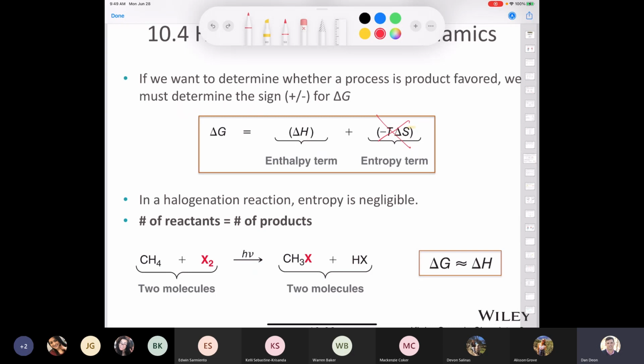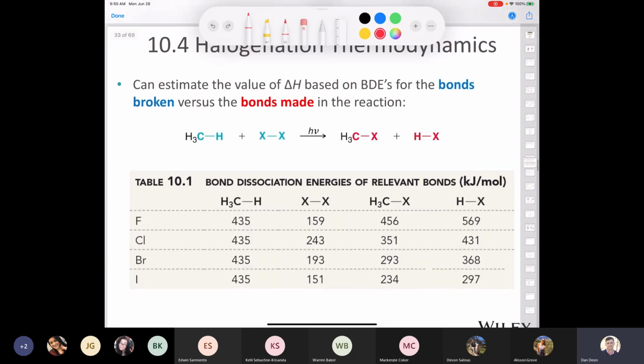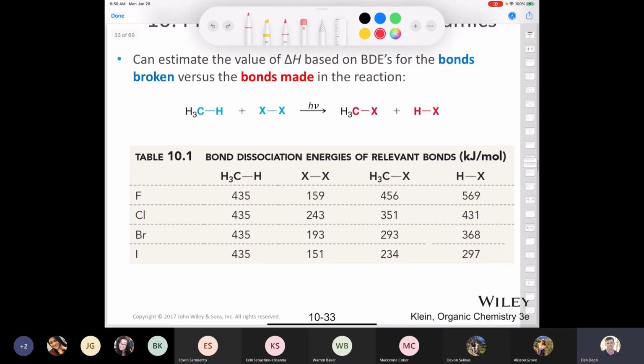And what's change in enthalpy? What's delta H related to? Well, if you go back to chapter 6, what did we relate changes in enthalpy to for a reaction? Bond dissociation energies. So let's take a look at some bond dissociation energies. And let's take a look at the delta H, which again is directly related to the delta G for the halogenation of methane.